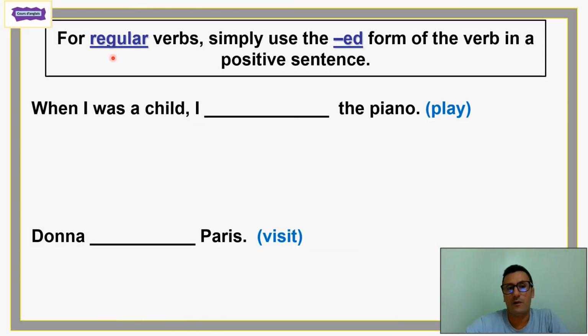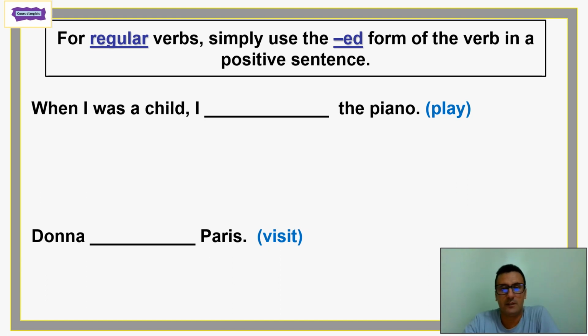Alors, for regular verbs, simply use the ed form of the verb in a positive sentence. When I was a child, le verbe qu'on va conjuguer, c'est to play the piano. Donc le verbe qu'on va conjuguer, c'est to visit Paris. Alors là, qu'est-ce qu'on va dire? When I was a child, le verbe qu'on va conjuguer, c'est to play.